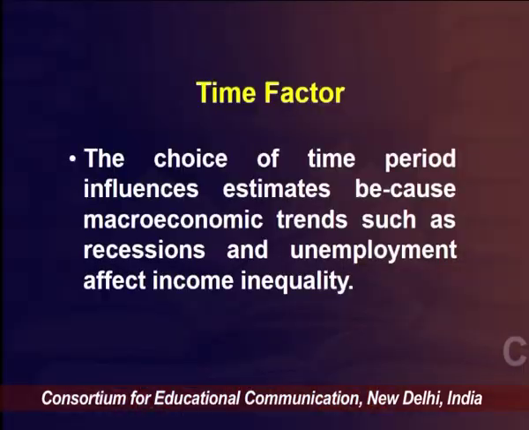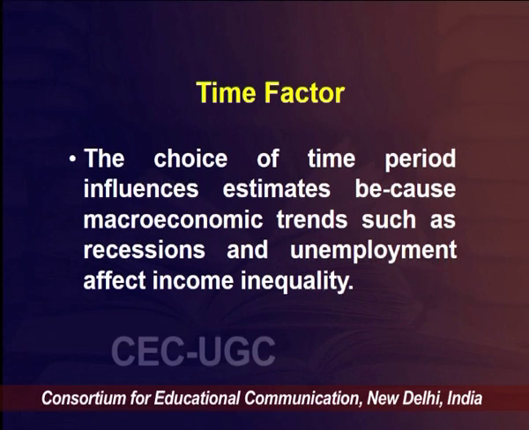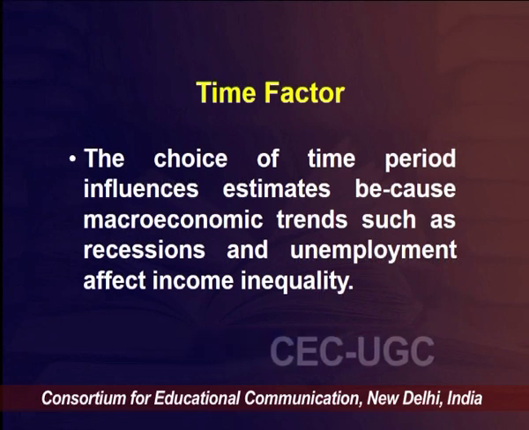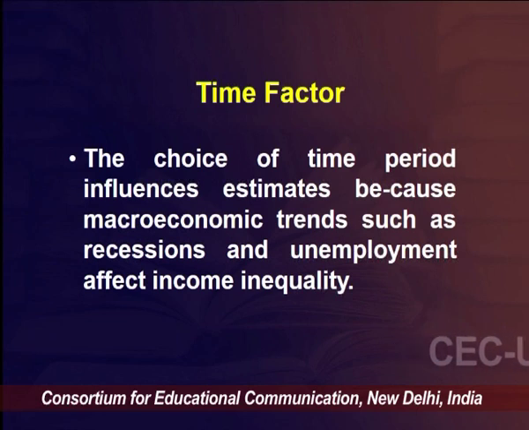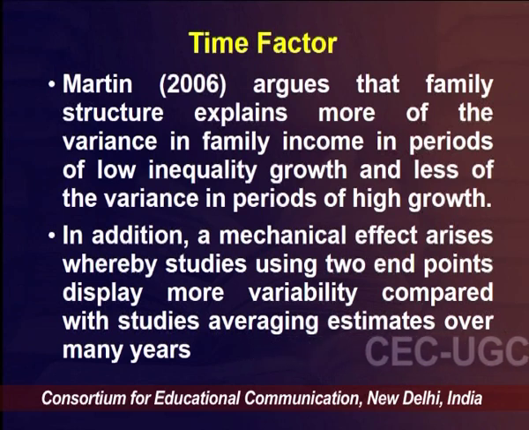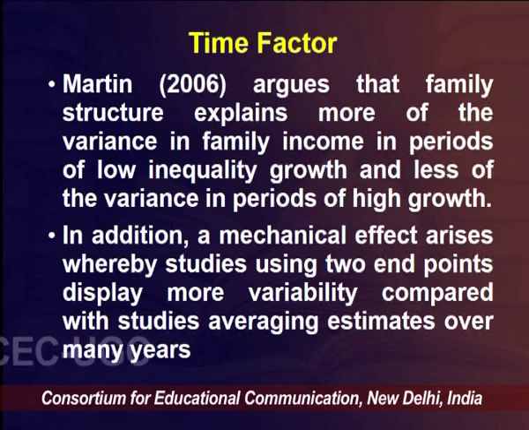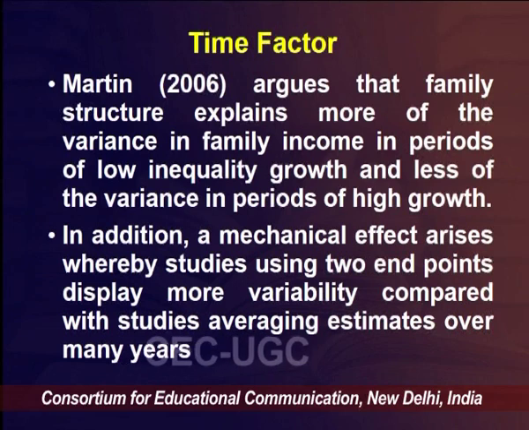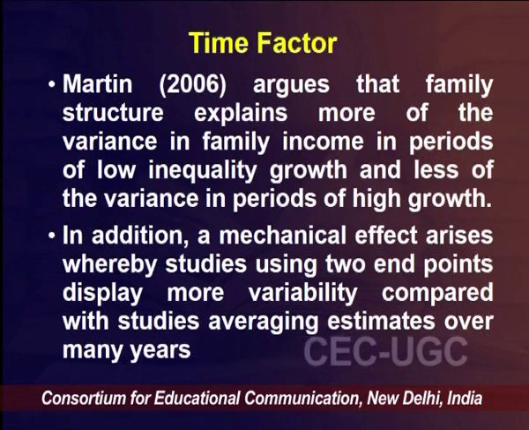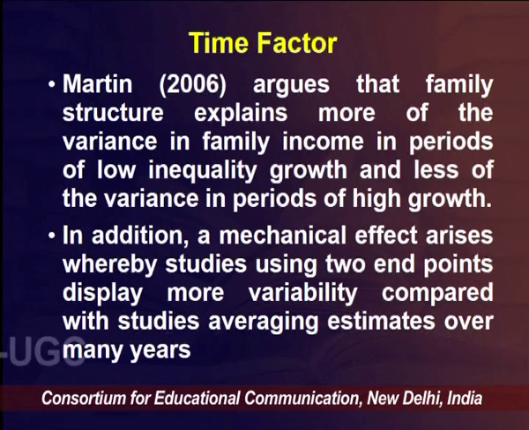Now, on the choice of time period, the studies have taken a very long period, that is 50 years of estimates, because macroeconomic trends such as recession and unemployment affect income inequality. That is why the period of study is longer. Martin, a scholar who published an article in 2006, argues that family structure explains more of the variance in family income in periods of low inequality growth and less of the variance in periods of high growth.